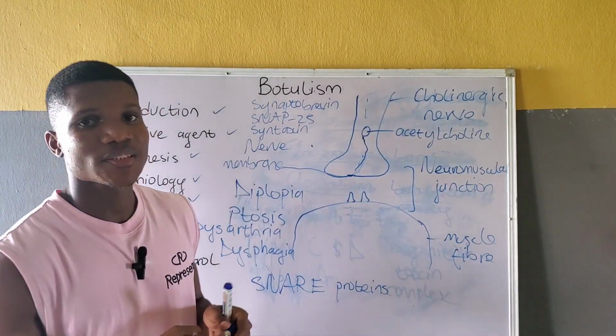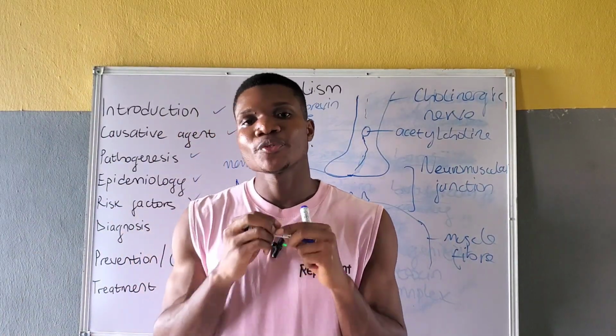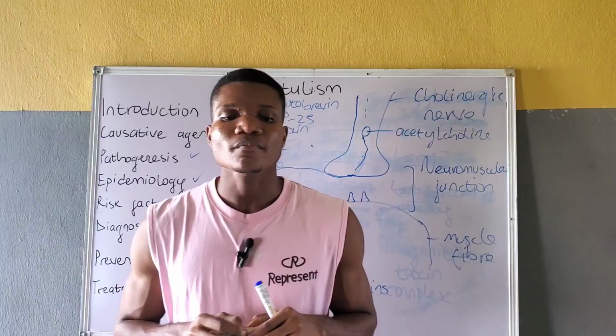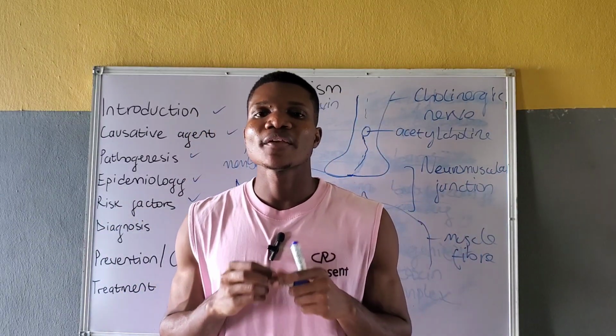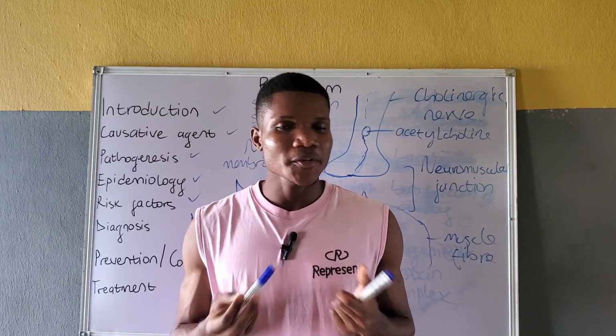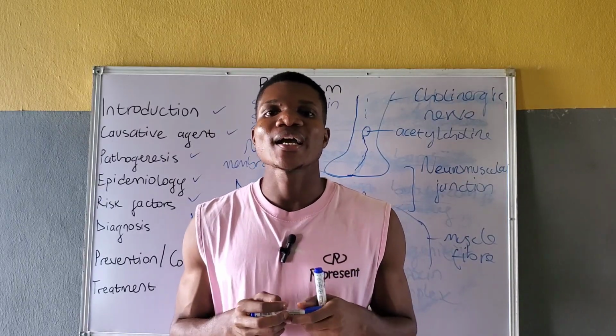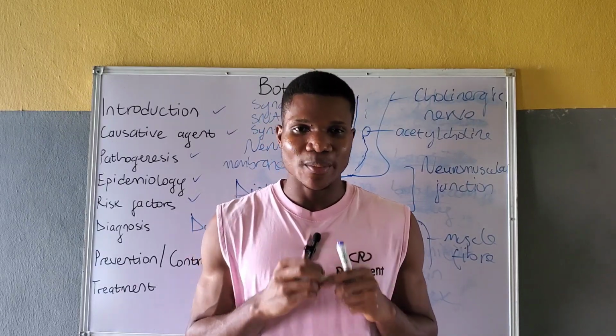Also, in severe cases, there is flaccid paralysis and respiratory muscle involvement. Laboratory diagnosis of botulism involves detection of the botulinum toxin in serum as well as in stool, in gastric aspirates, and also in food samples.